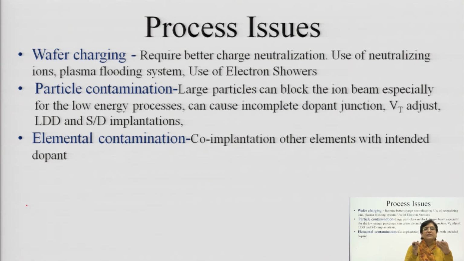When wafers are exposed to contaminating particles, there is every possibility of damage, and that can result in an incomplete dopant junction. You may have lightly doped drain regions, since you have different area requirements when fabricating devices.